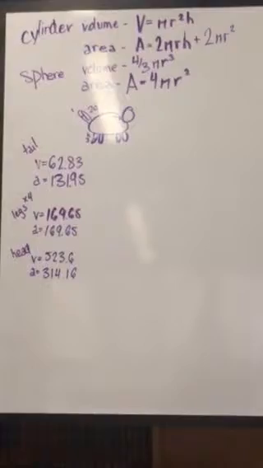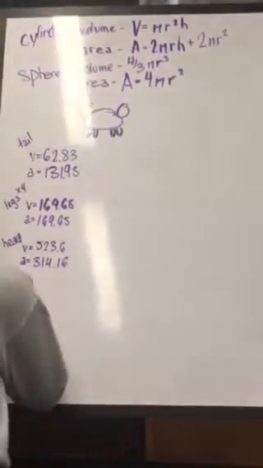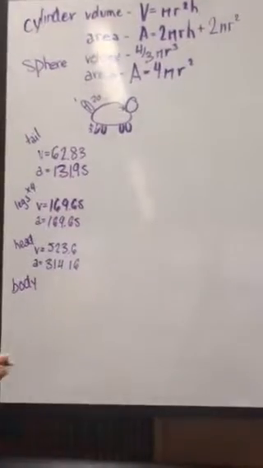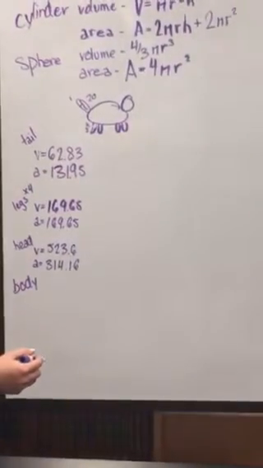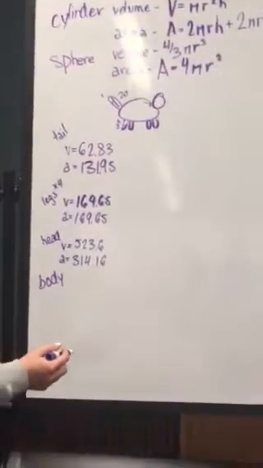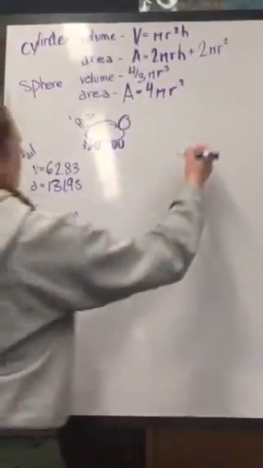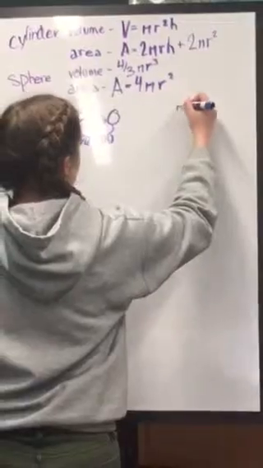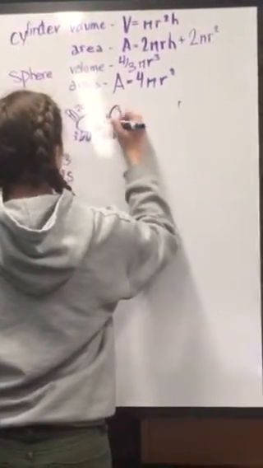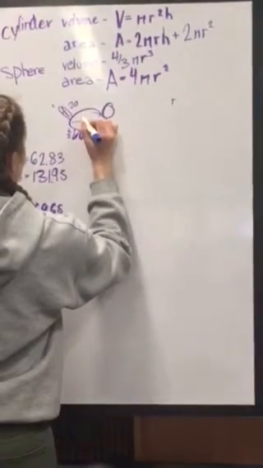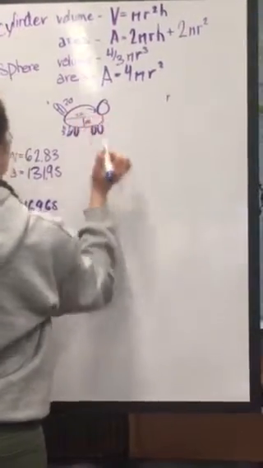The last thing to do is the body. The body has a radius of 10 inches, and the height right here is 20 inches.